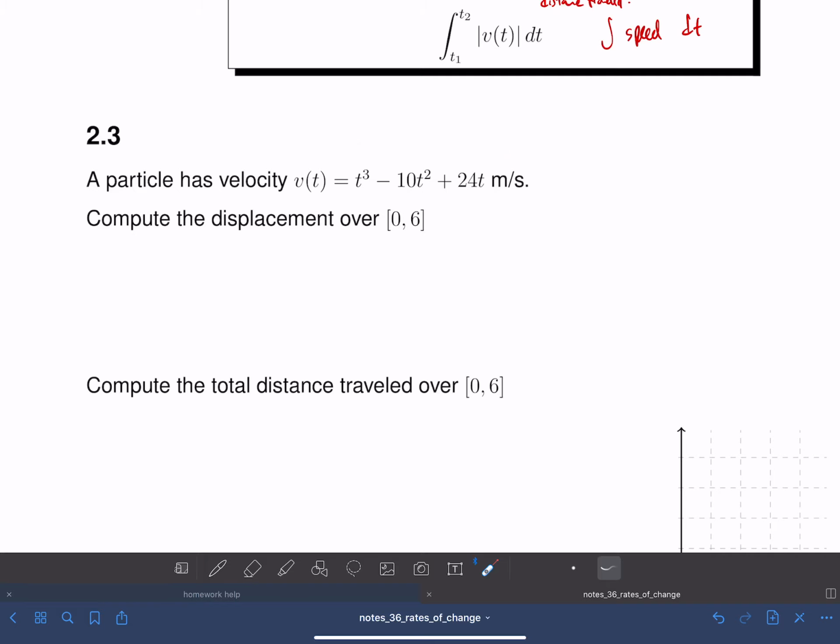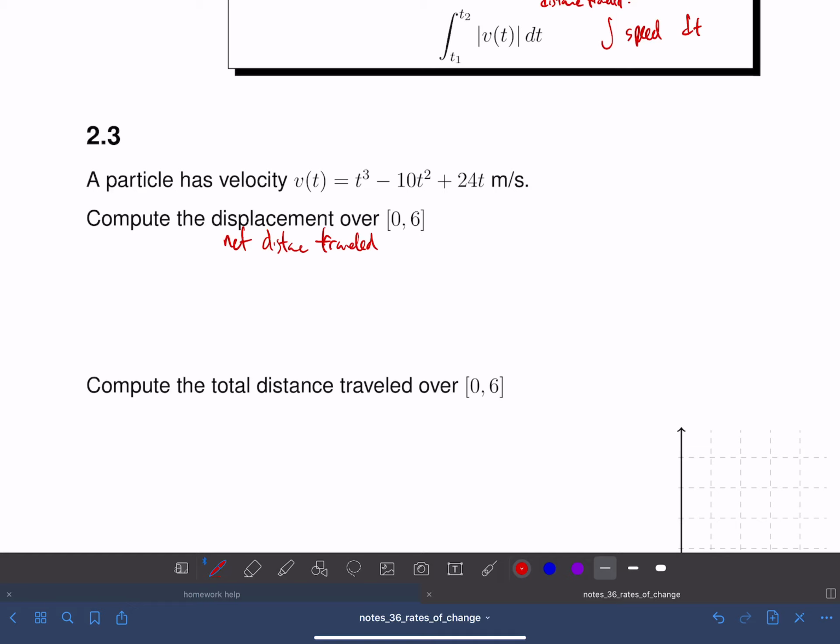All right, so we've imbued a particle with a velocity, v of t, at any particular time. We'd like to compute the displacement, that is to say, the net distance traveled over that interval. This one's pretty easy.